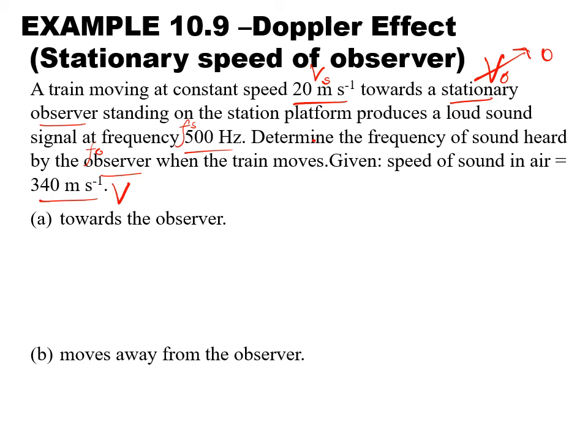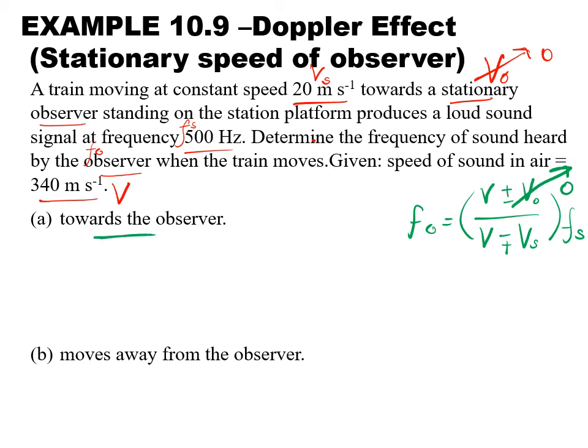So, based on our formula of Doppler effect, F observer equal to V plus minus V observer divided by V minus plus V source times Fs. So our V observer now is 0. And how about F observer? Towards the observer, or approaching the observer, means that the frequency must be higher.